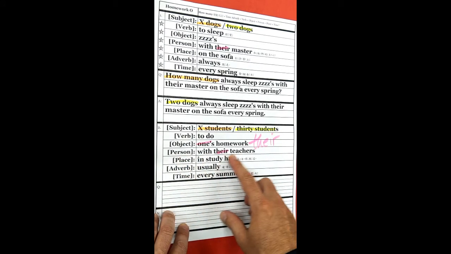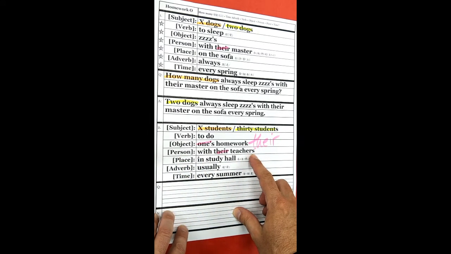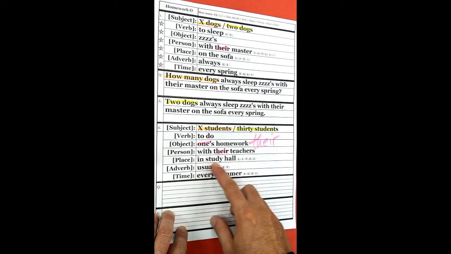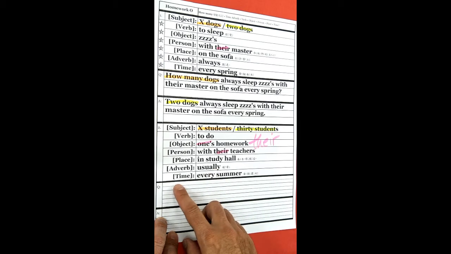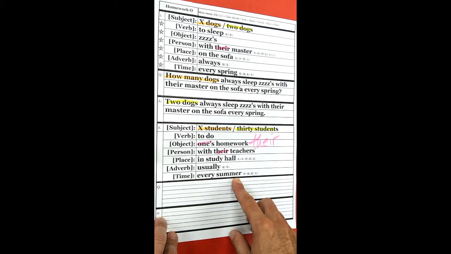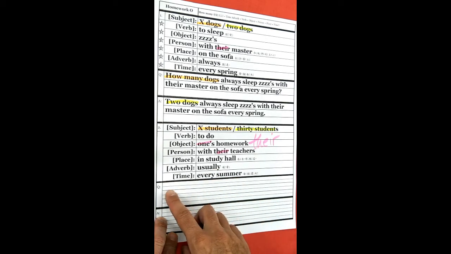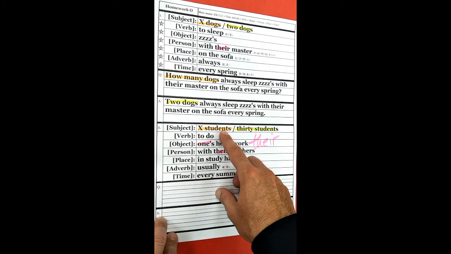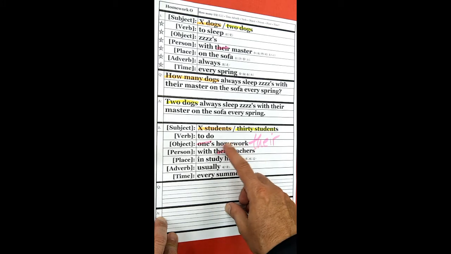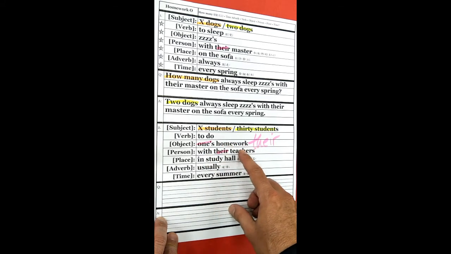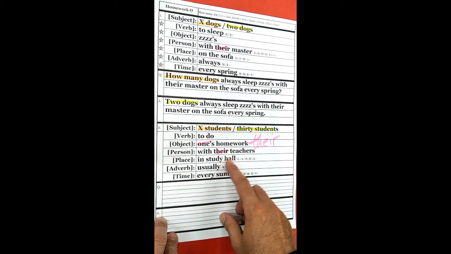Person, with their teachers. Place, in study hall. Adverb, usually. Time, every summer. How many students usually do their homework with their teachers in study hall every summer?